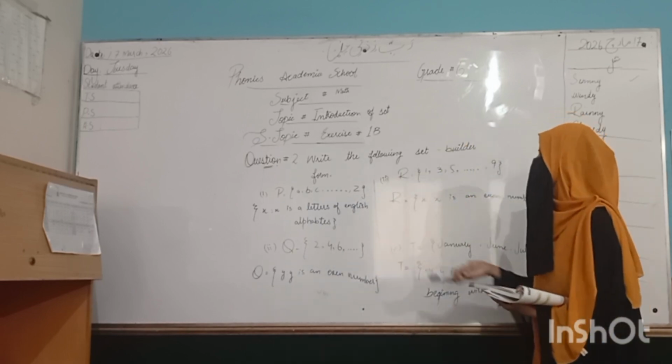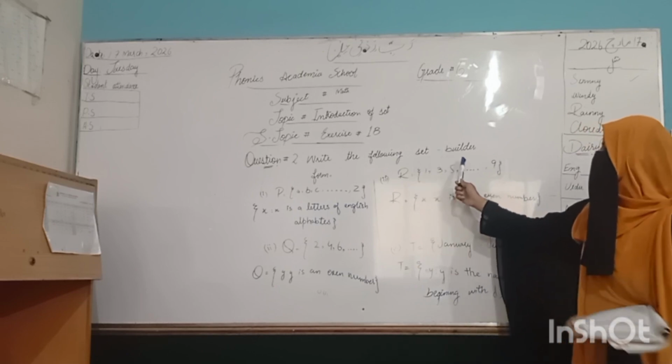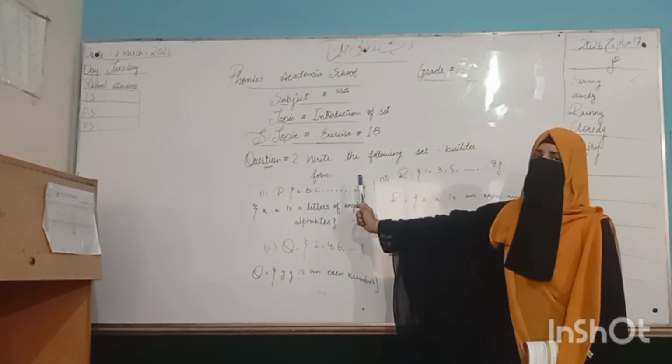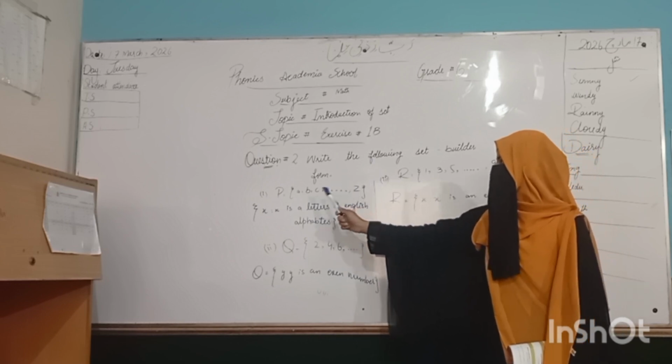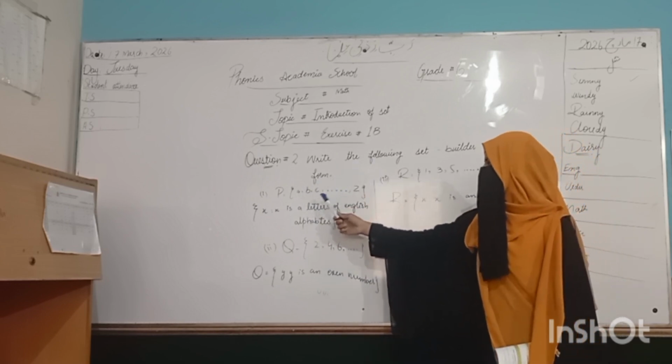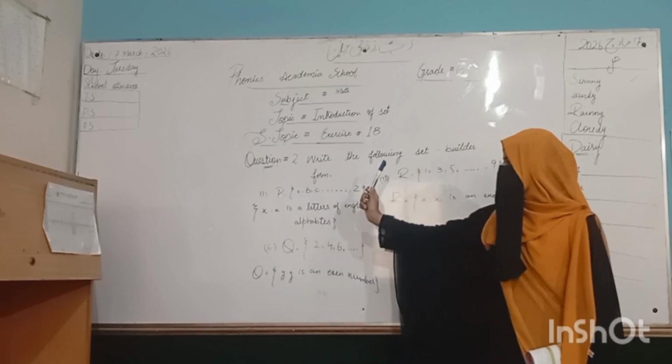So students, according to this, write the following set in set builder form. P equals A, B, C, D, continuing until the last letter Z. You know that A, B, C are the letters of the alphabet. So P equals letters of the alphabet.